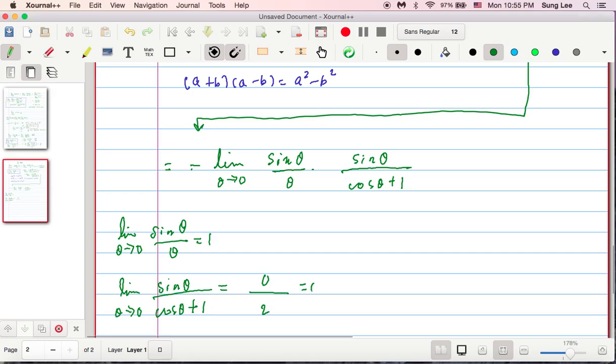So that's going to be 0. Both limits exist, so the answer is negative 1 times 0, which is 0. We just showed that the limit equals 0.